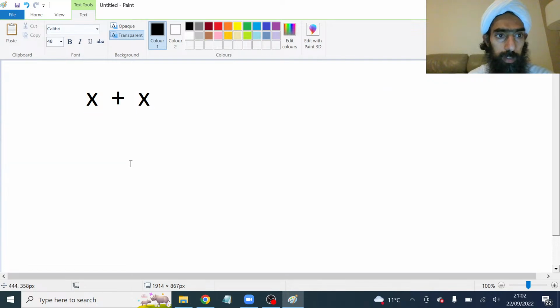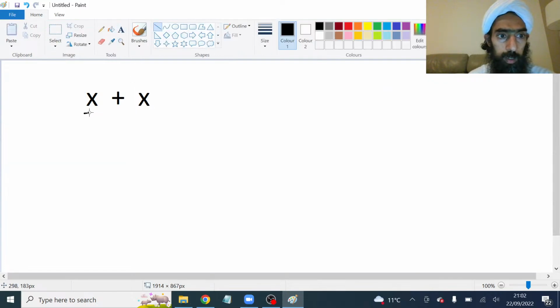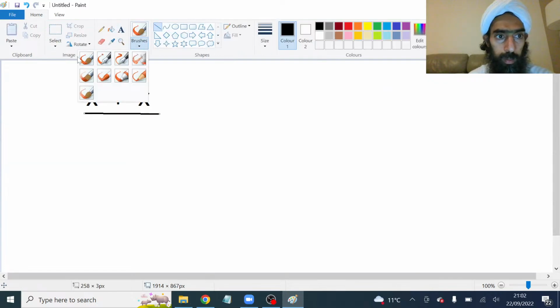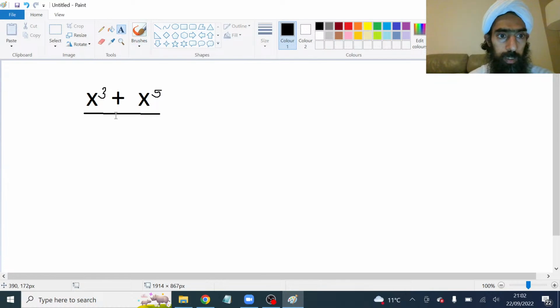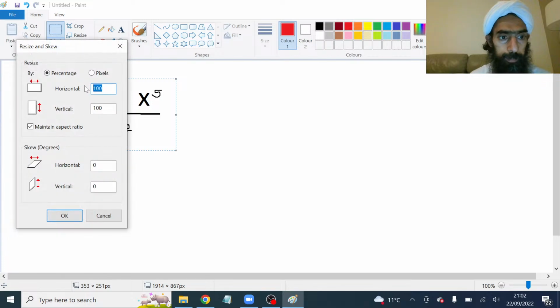So imagine you have a fraction which has got a numerator of x to the power 3 plus x to the power 5, and on the denominator we have x to the power 2. To simplify this kind of fraction, you have to try a splitting technique. So firstly, let me just make it a little bit easier to see.